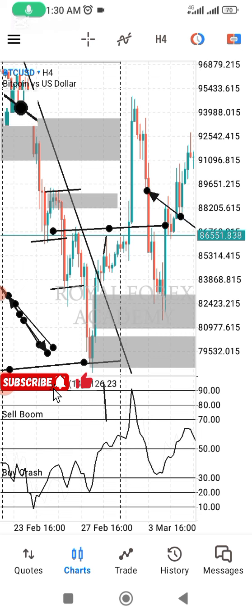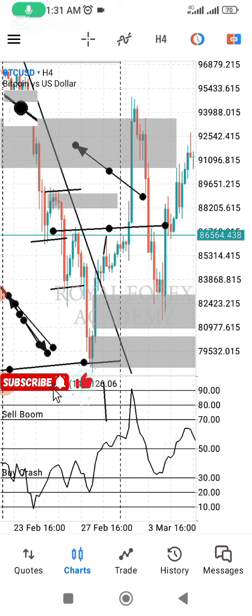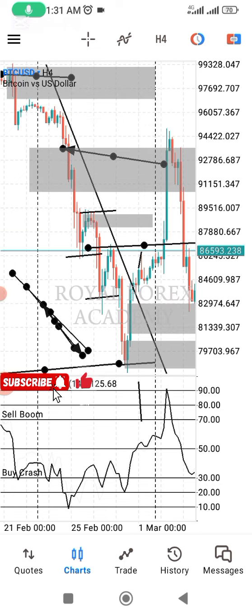Now for this pullback to happen, it will still happen from our point of interest, and that is why we already have a point of interest marked out. And the point of interest we marked earlier is our fair value gap. Fair value gap here combined with a smart money cube.